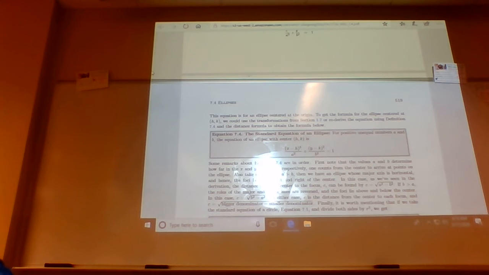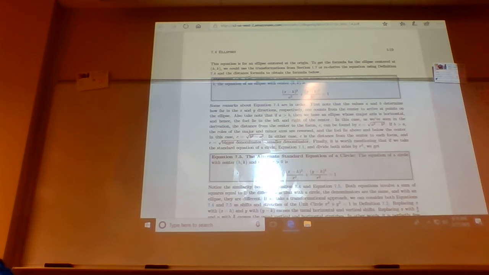Now, an ellipse is not very far from a circle. And here's what you would see if you were to convert that for a circle. You'd see the same h comma k that we had as the center, but now a and b would be the radius. They wouldn't be two different things, they'd be the same thing.